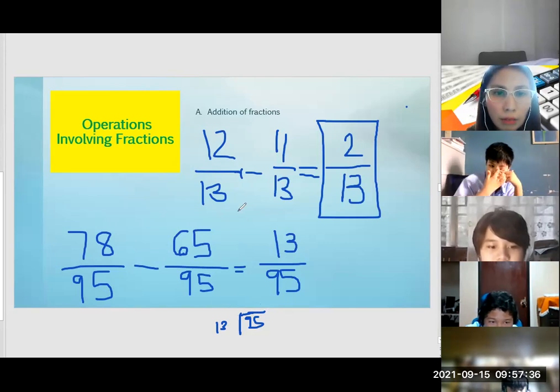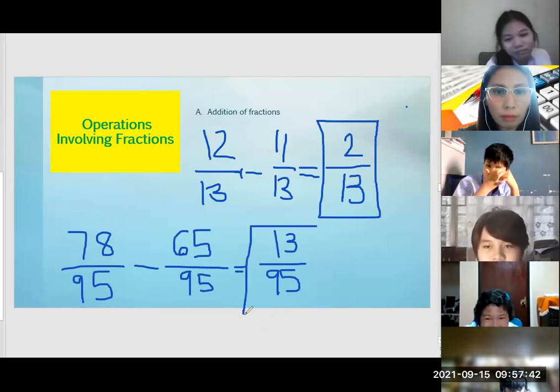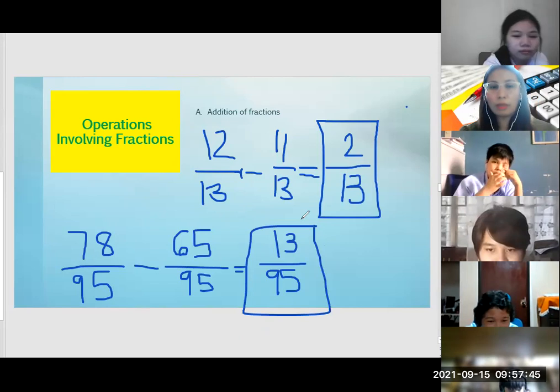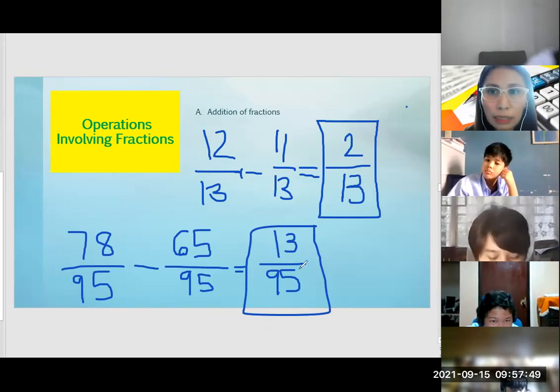Oh, we cannot divide. Therefore, 13 over 95 is the answer.